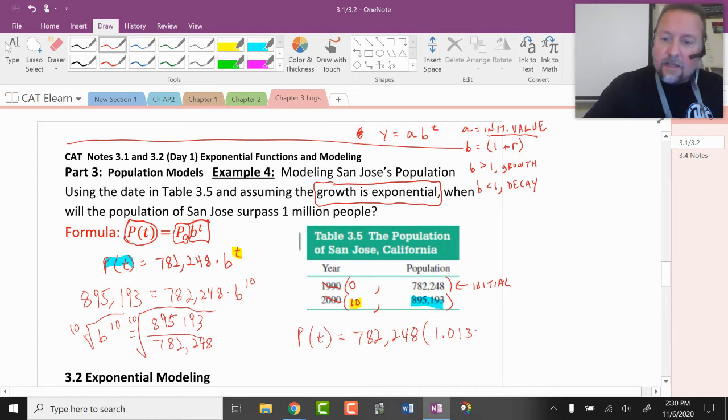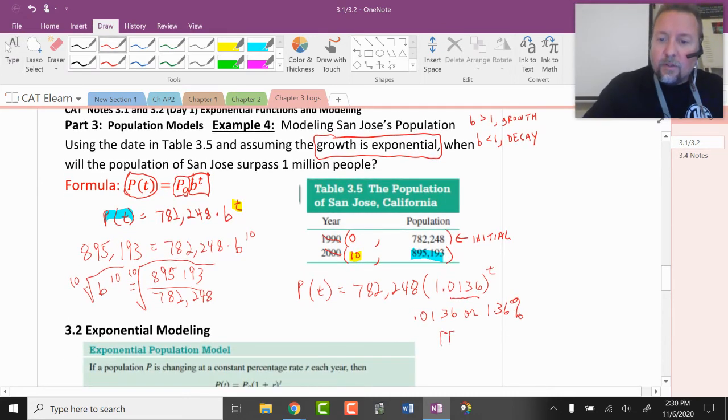I rounded 57 to 36. That means that this population is going up 0.0136, or 1.36% per year, right? Because this is in years, per year.